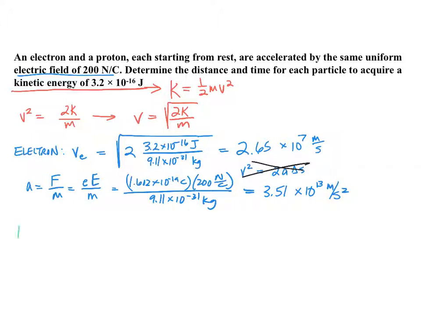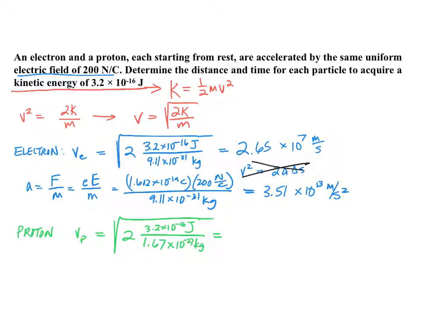Proton will be the same maneuver, except you're going to have the mass of a proton. So to 3.2 times 10 to the minus 16 joules, a proton is 1.67 times 10 to the minus 27 kilograms.